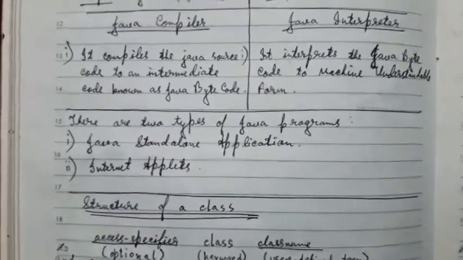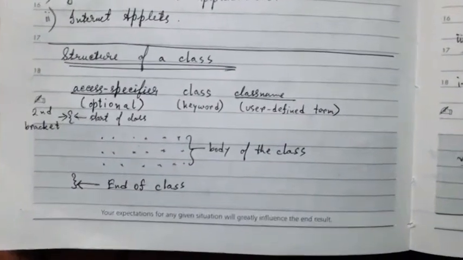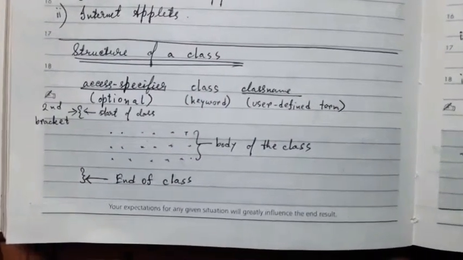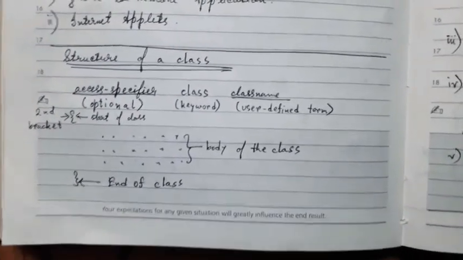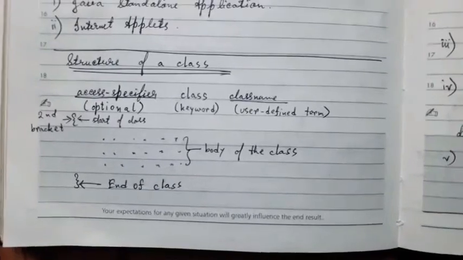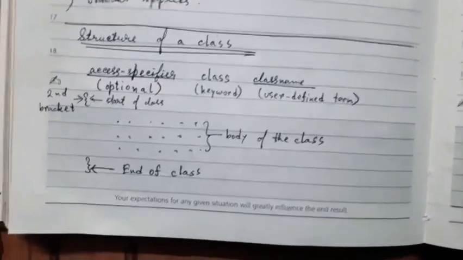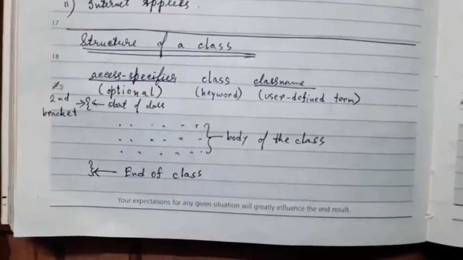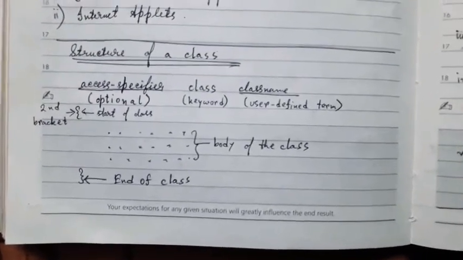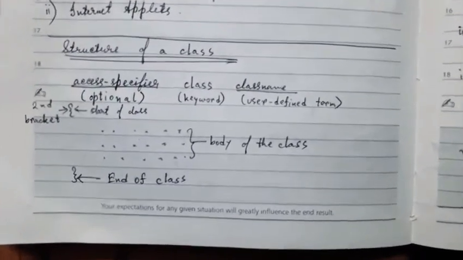Now let's come to the structure of a class. What does a class look like? Last day I discussed what is class, what is object. Object we are going to come to later. First come to class. Now what is the structure? First there is, you can see, access specifier, then class, then class name.